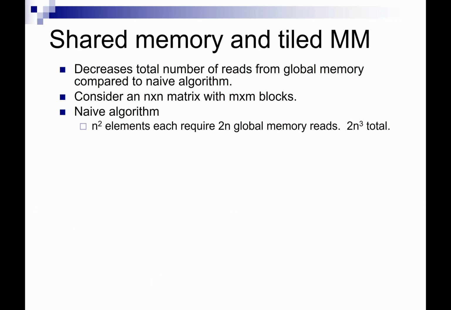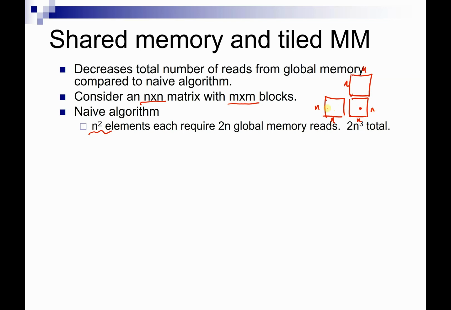Suppose we have an N by N matrix, and suppose that we broke it into tiles of size M by M. The naive algorithm is going to produce N squared elements of output. We have this output matrix over here, and we have the other matrices.